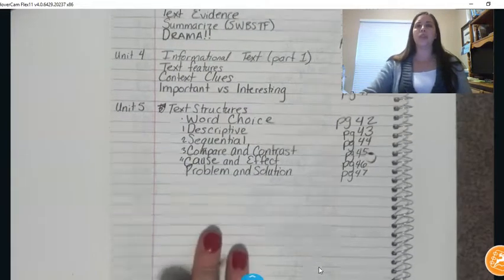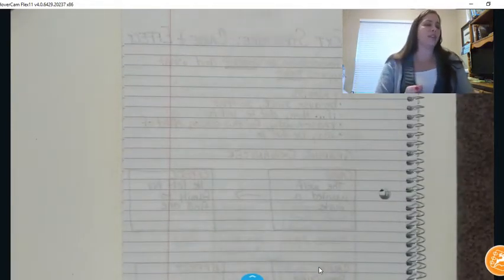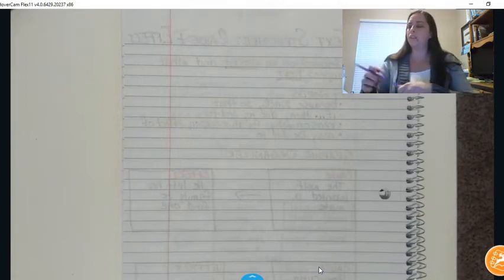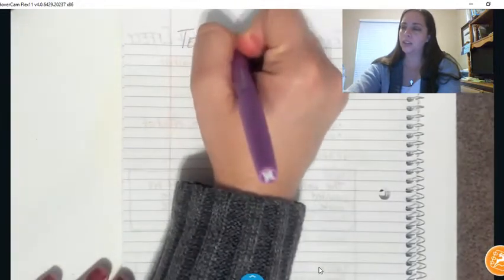All right, once you've written this into your table of contents, we're going to go ahead and open up to this is our text structure, cause and effect. So here we are, page 47. I wrote it down right here in the bottom corner. And then up at the top, I'm going to label this title, or the title of this page, as text structure.